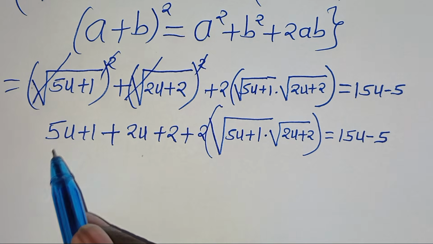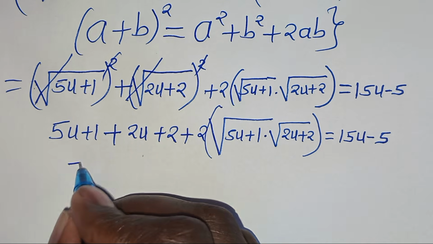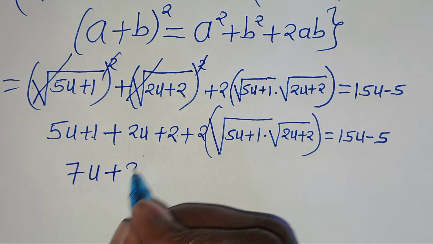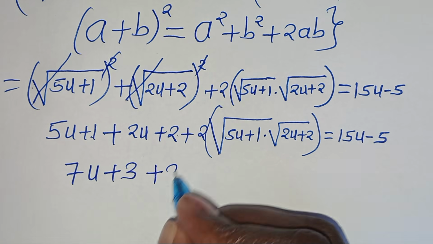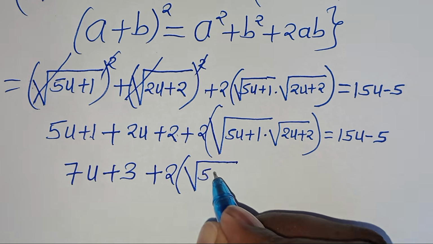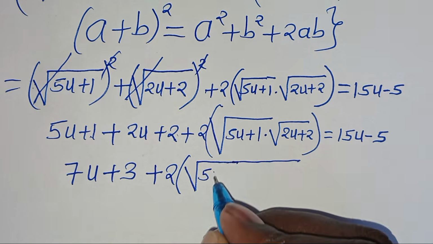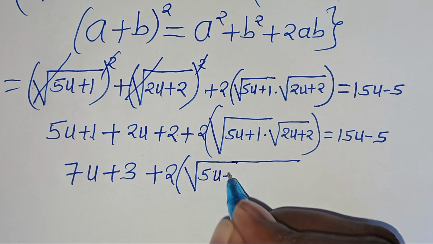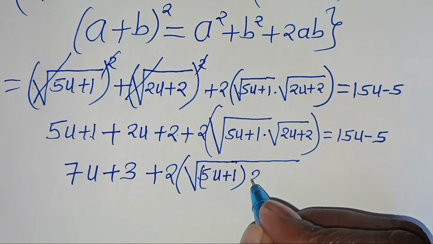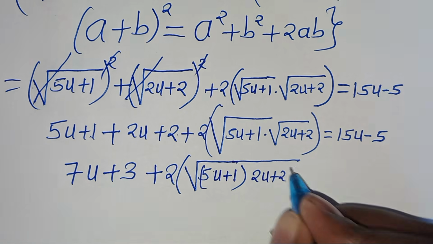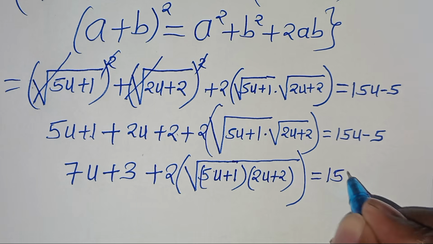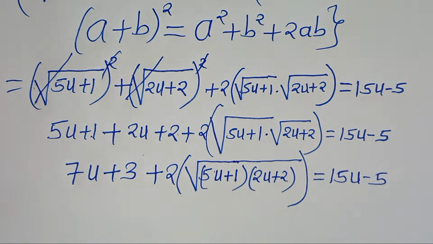So this means that 5u plus 2u is 7u, plus 1 plus 2 is 3, then plus 2 multiplied by the square root of 5u plus 1, multiplied by 2u plus 2, close the parentheses, is equal to 15u minus 5.